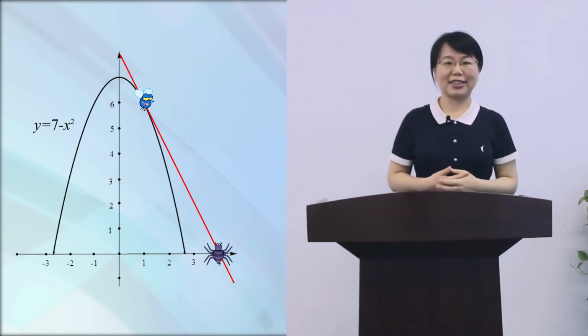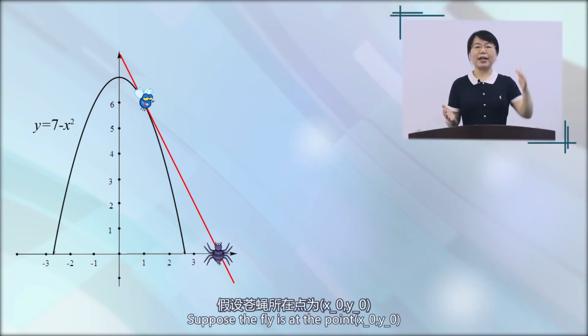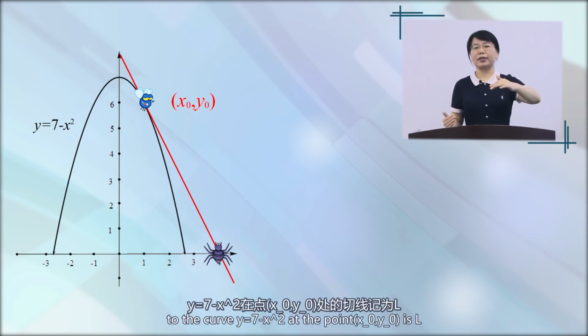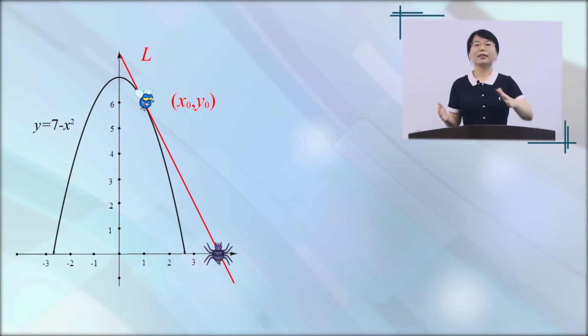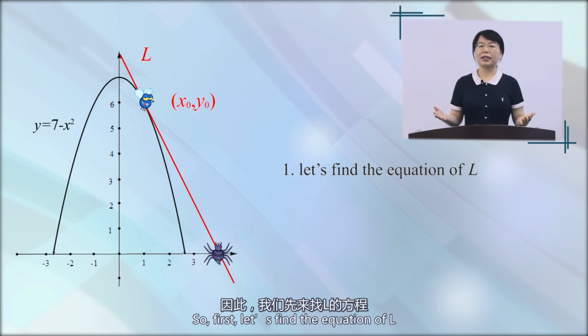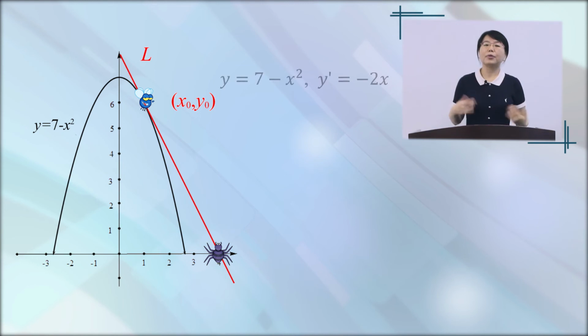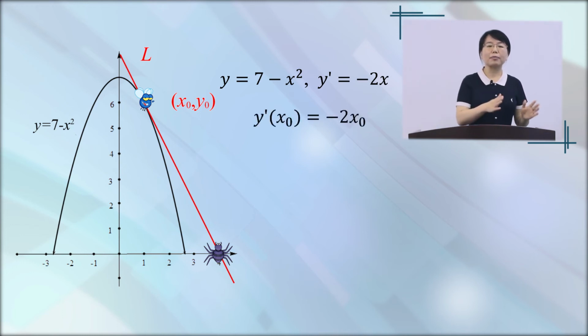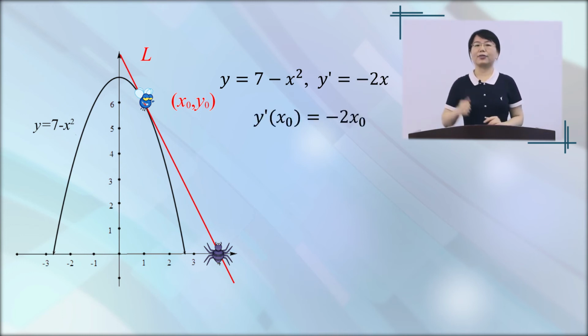Alright, now let's solve it. Suppose the fly is at the point (x0, y0) when it first sees the spider and the tangent line to the curve y equals 7 minus x squared at the point (x0, y0) is L. So first, let's find the equation of L. Because y equals 7 minus x squared, y prime equals minus 2x, then y prime at x0 is minus 2x0.